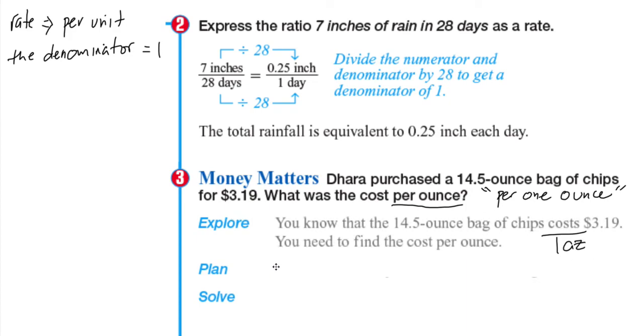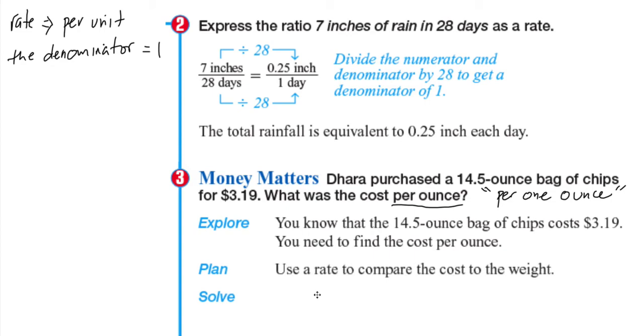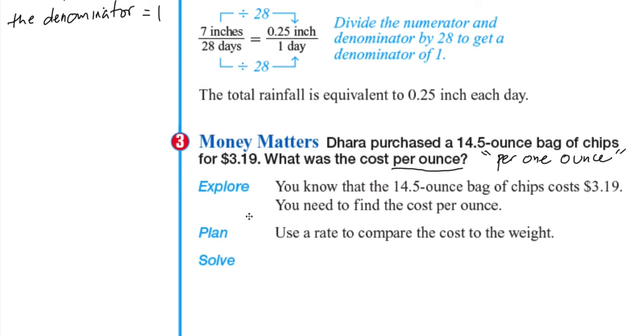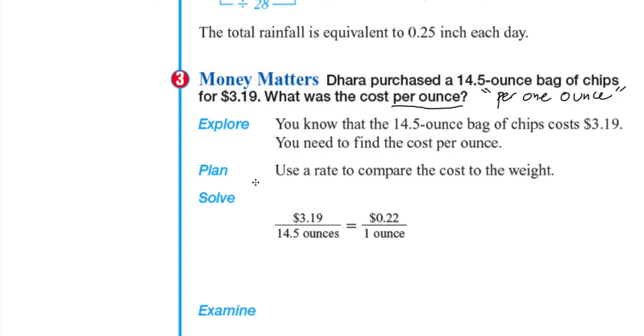So what do we know? You know that the 14.5 ounce bag of chips costs $3.19. You need to find the cost per ounce. So use a rate to compare the cost to the weight. So you have $3.19 over 14.5 ounces. And since it says per 1 ounce, you want to make your denominator 1.